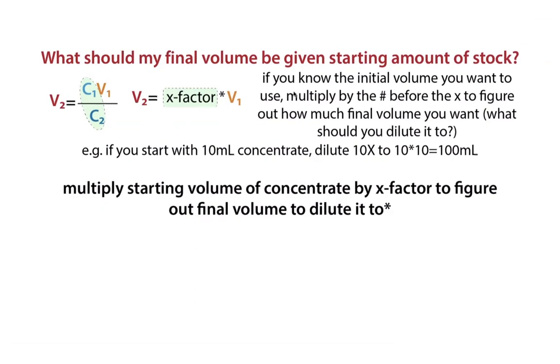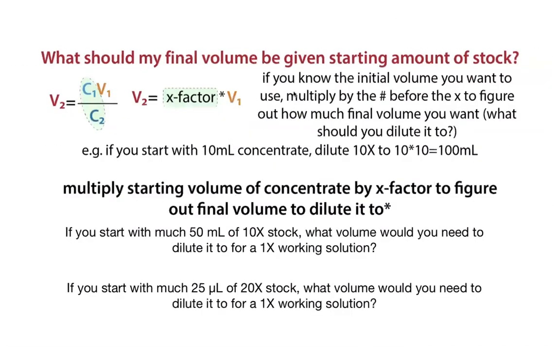So for this example, if we had 10 mils of our concentrate, we would dilute it 10x: 10 times 10 equals 100 milliliters. A 10x dilution would give us the final 1x, and we have to increase our volume by the x factor amount of times.